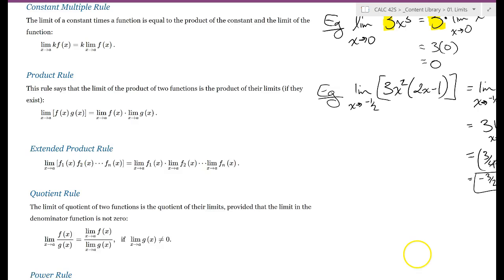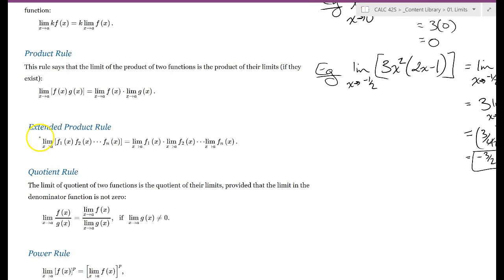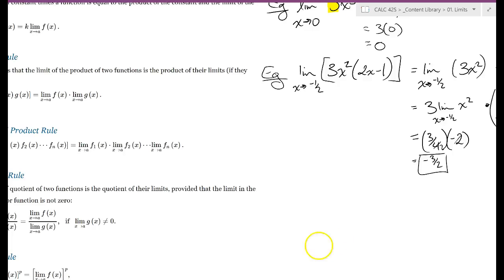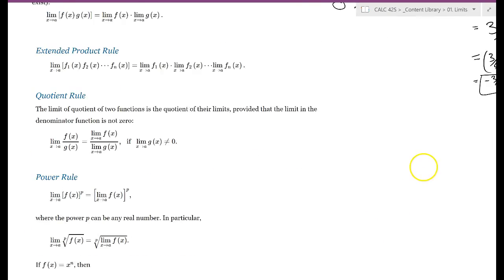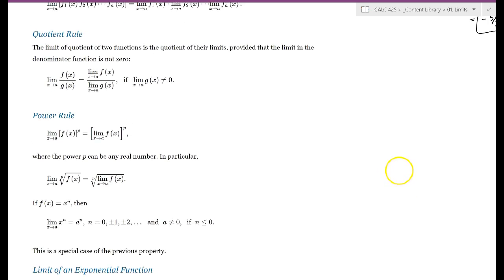So just be conscious of that when you're showing extra steps there. So again, we saw the extended product rule. If I'm multiplying multiple things, I could have also taken it to be just the limit of 3 and the limit of x squared, and again multiplying those out in the same way that the sum rule works.